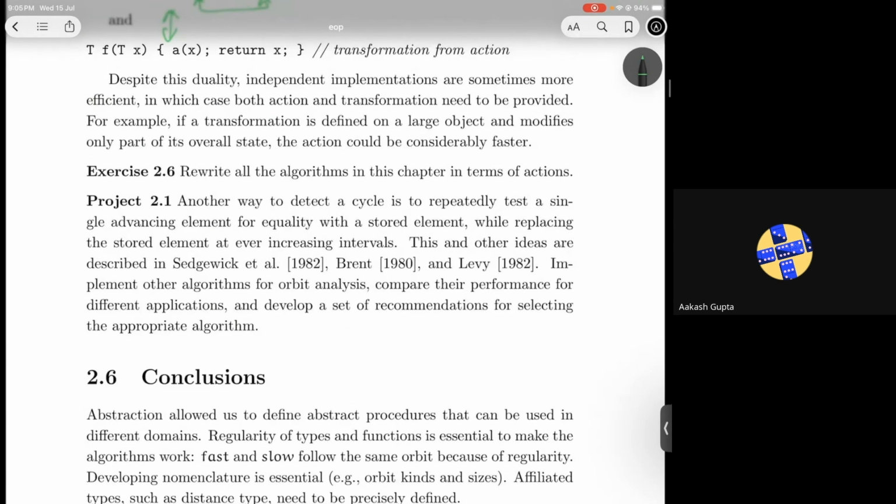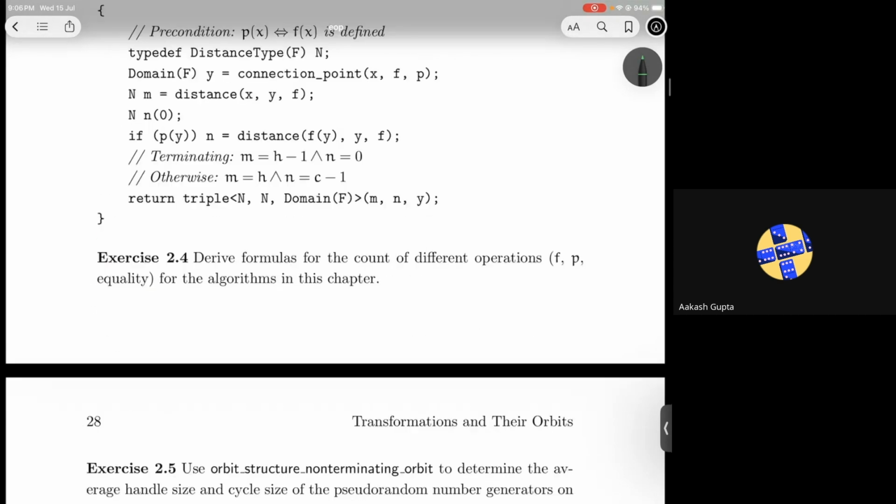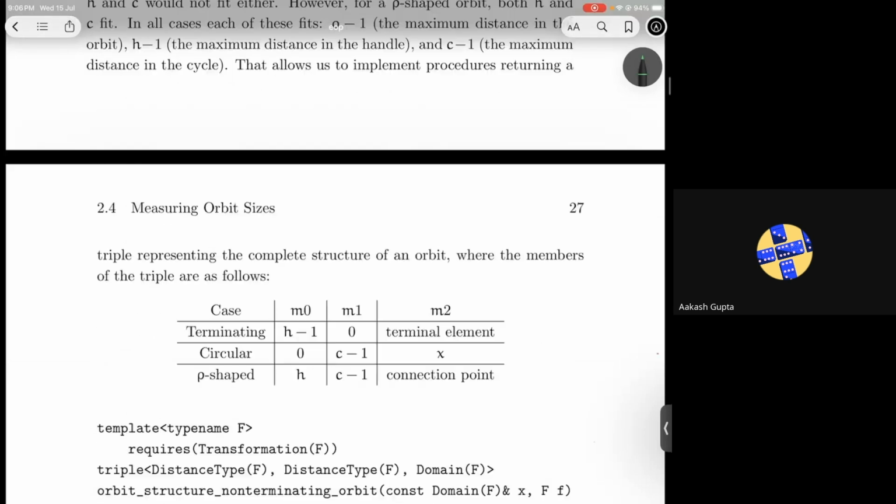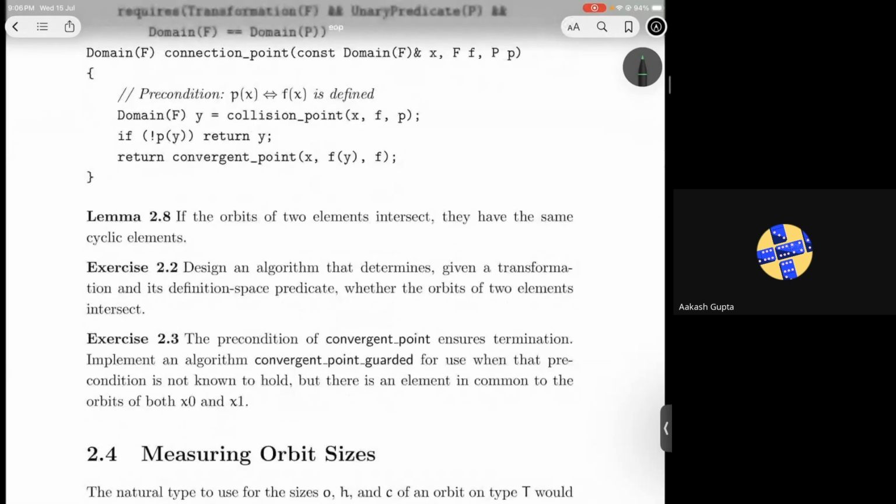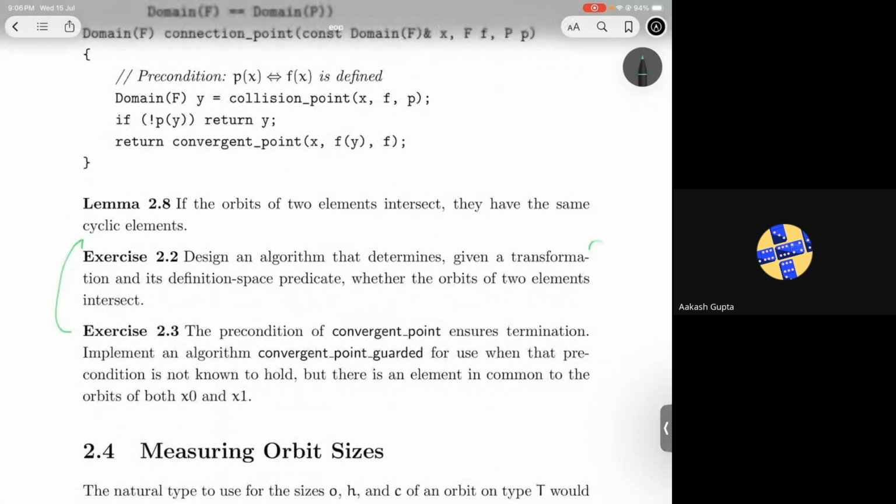Okay. And there is a very good exercise in this chapter that you are encouraged to refer to. The question is: design an algorithm that determines, given a transformation and its definition space predicate, whether the orbits of two elements intersect. Basically, we have a transformation f, its definition space predicate p, and two values x and y in the domain of f.